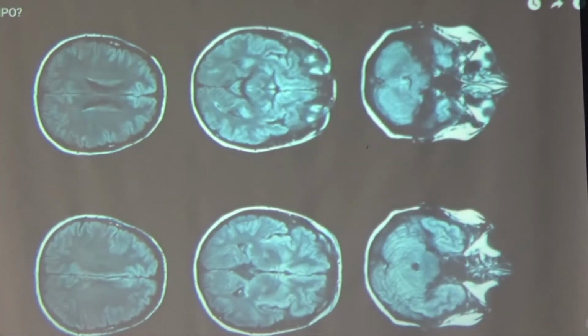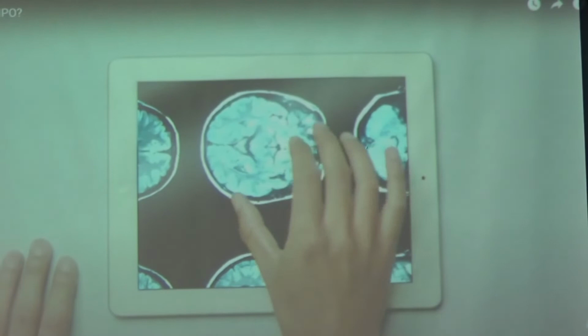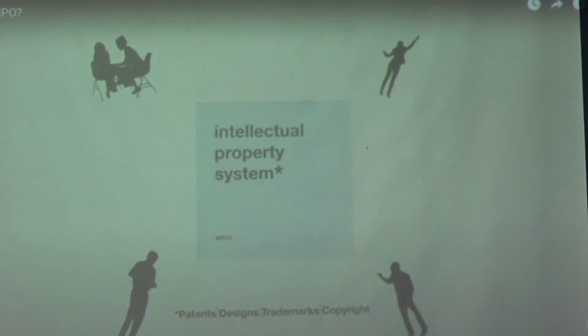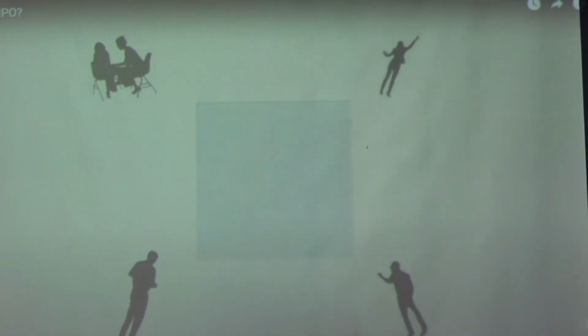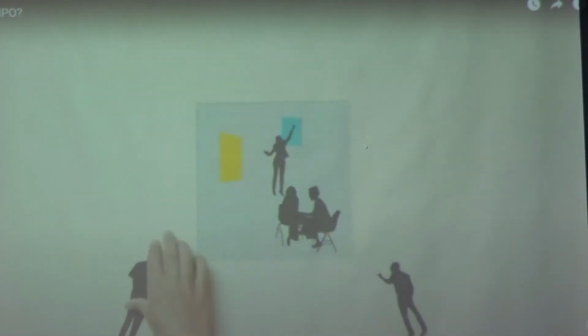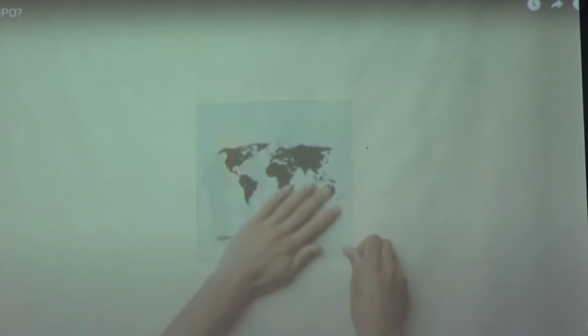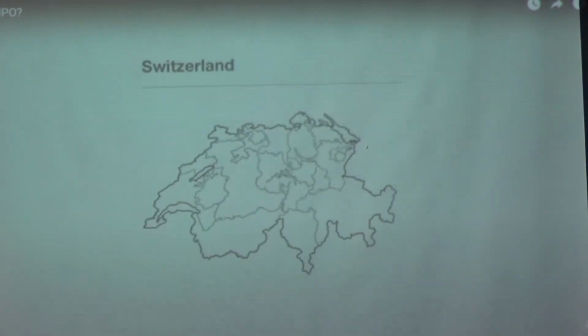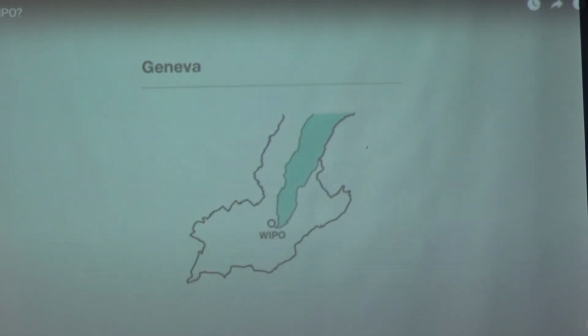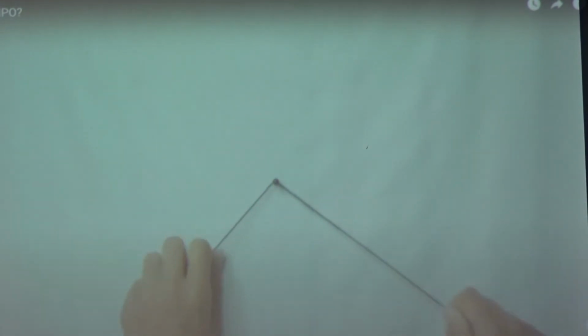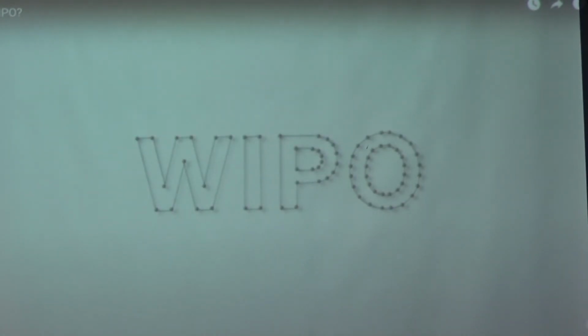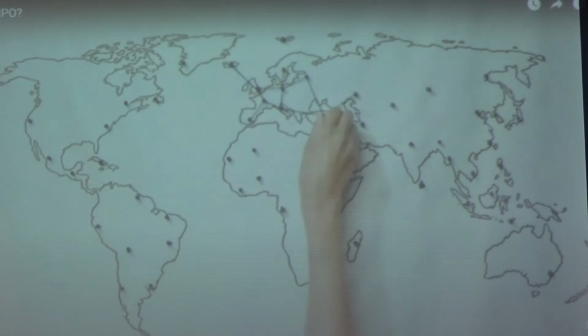And unable to look inside the human body, doctors would be in the dark. The intellectual property system exists to encourage the innovators and creators who make the world a better place. The World Intellectual Property Organization, a specialized agency of the United Nations, helps them do this every day across the globe.